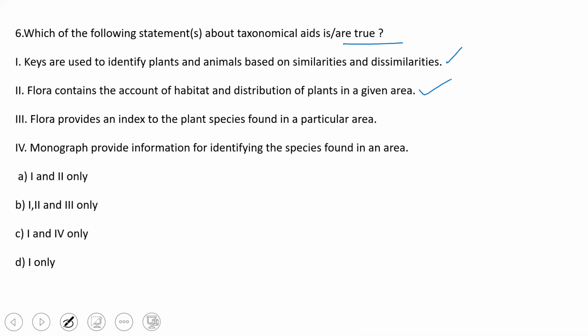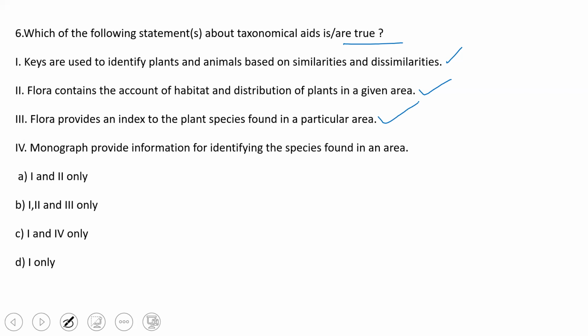So you know that an index to a particular area will not be provided by flora, but it will be done by the manuals along with the flora. So henceforth this option is also right. Lastly, monograph provides information for identifying the species found in an area.